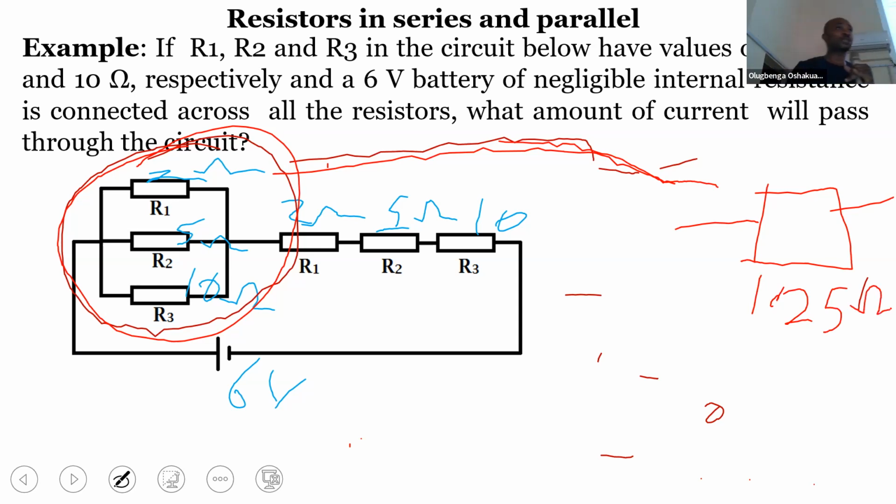So now think about it as a circuit with 4 resistors: 1.25 ohms, 2 ohms, 5 ohms, and 10 ohms.